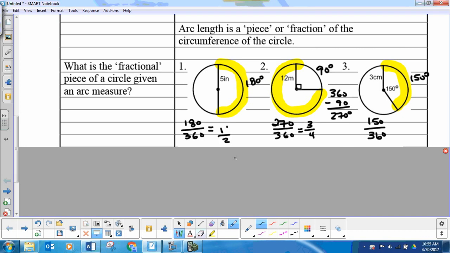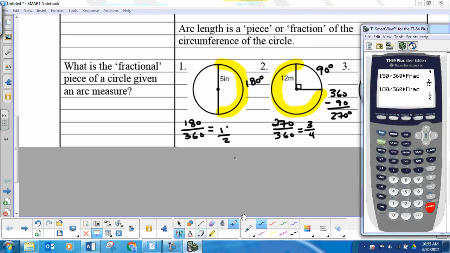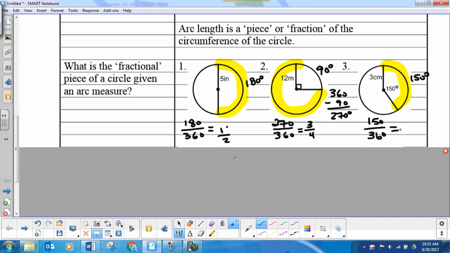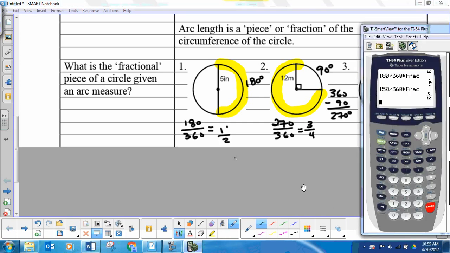So let's take a look at that in the calculator. I'm going to do 150 divided by 360, and straight to math, enter, enter. And I come up with a fraction of 5/12. Or wait a minute, what was that? 5/12, yeah, okay.